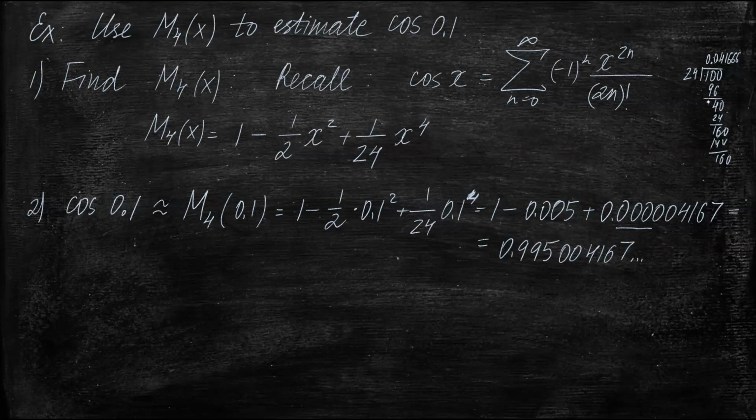Now, we haven't used the theorem yet. How can we use the theorem when it comes to estimates such as the one we just did? Well, let's try to use the theorem.